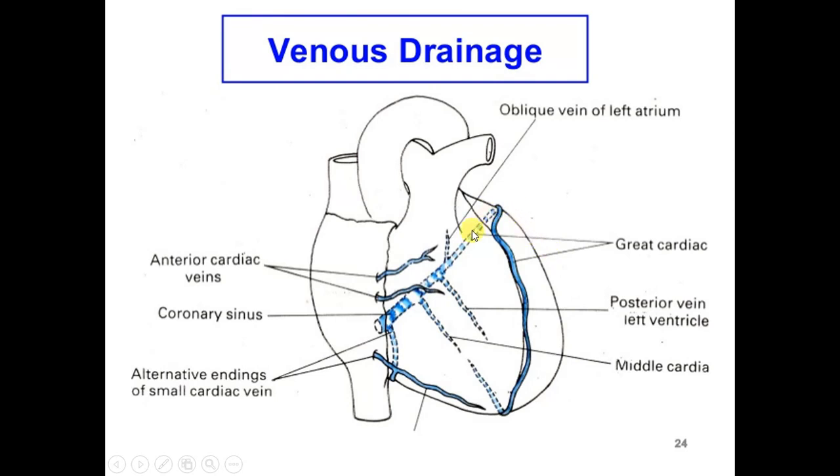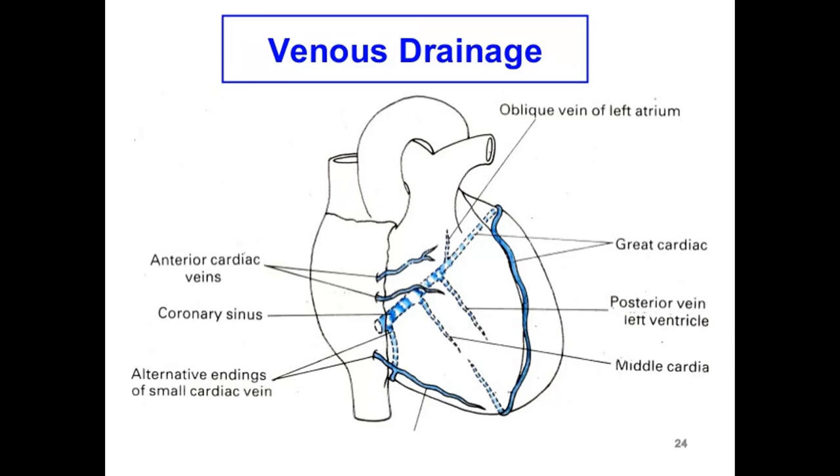Then it turns around, runs in the posterior atrioventricular groove of the left side, receiving the oblique vein of the left atrium and the posterior vein of the left ventricle, and then goes down, receiving also the middle cardiac vein, and then enters the right atrium through the coronary sinus.